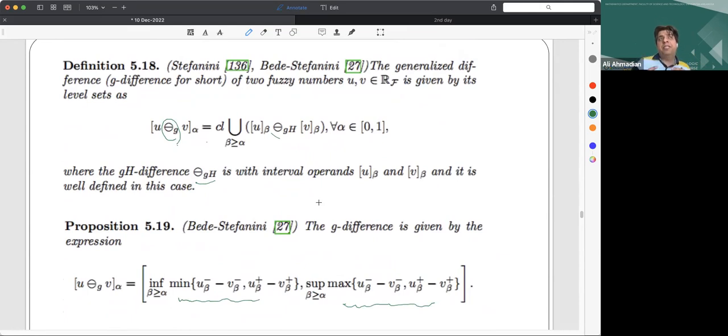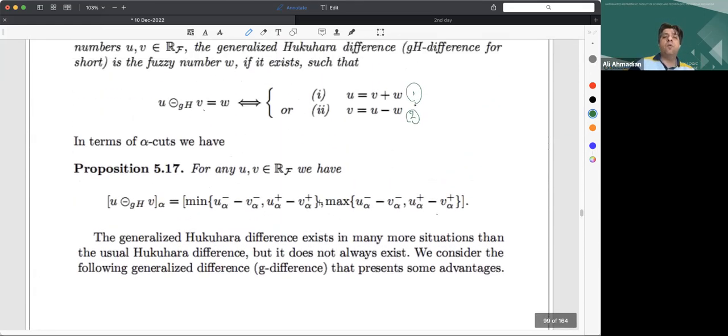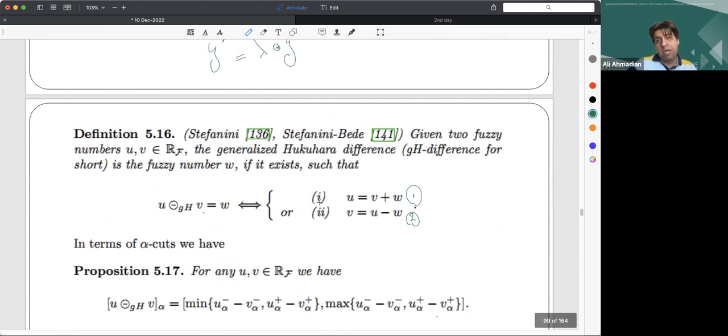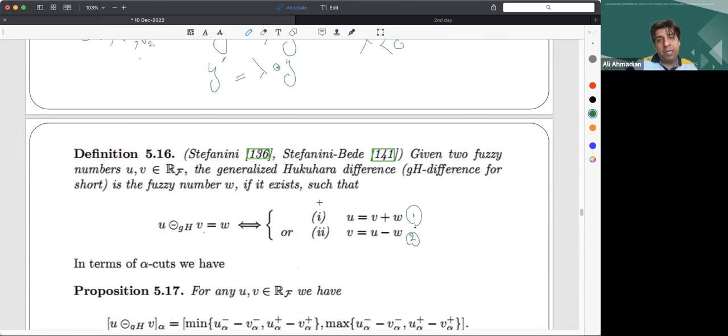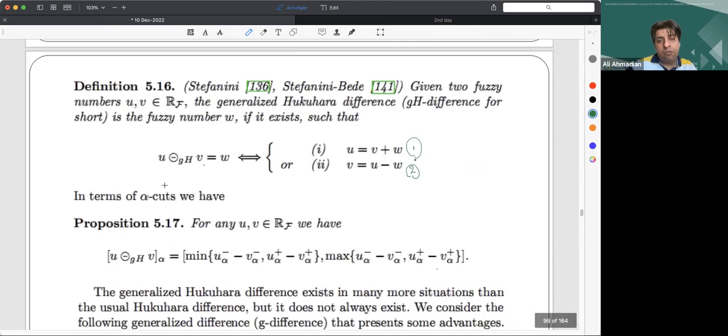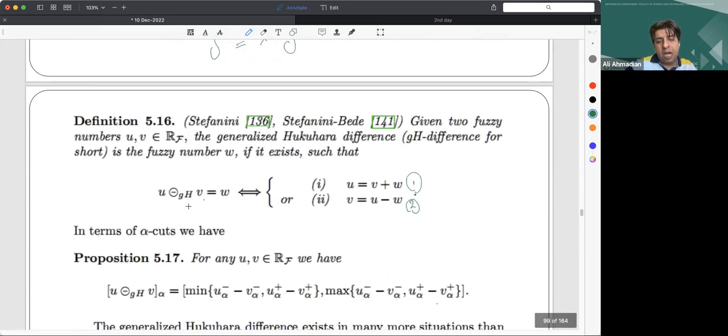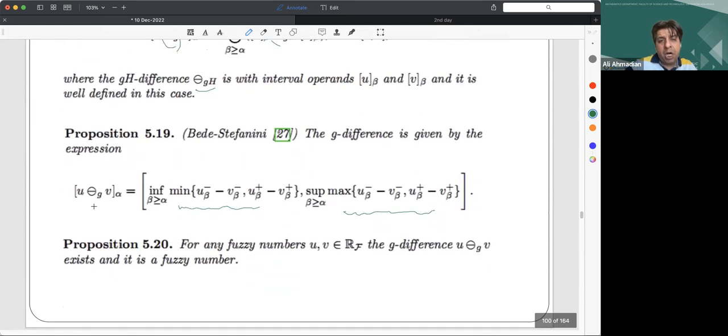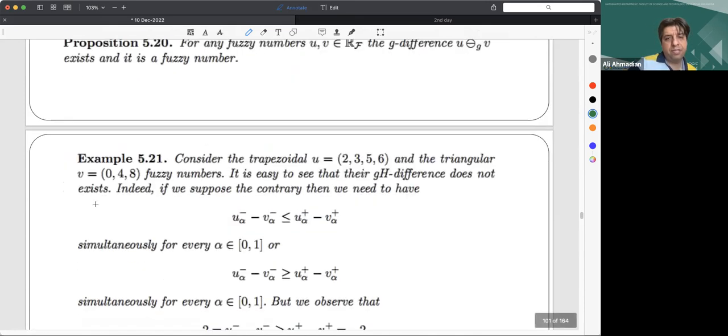Researchers are still discussing differential equations based on G difference in theory. But if I, as a student, want to work on numerical methods for solving differential equations, I should use the Hukuhara difference and also the generalized Hukuhara difference. It is still not very common for numerical parts to use this generalized difference, okay?